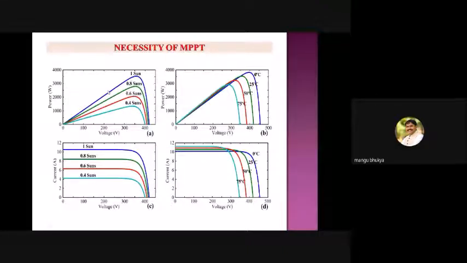So this is the power versus voltage of the panel as a function of radiation, that is, how much radiation is falling on the panel. From this plot we can infer that as radiation increases, power from the panel also increases. It is directly proportional: as the radiation falling on the panel increases, the power delivered by the panel also increases.